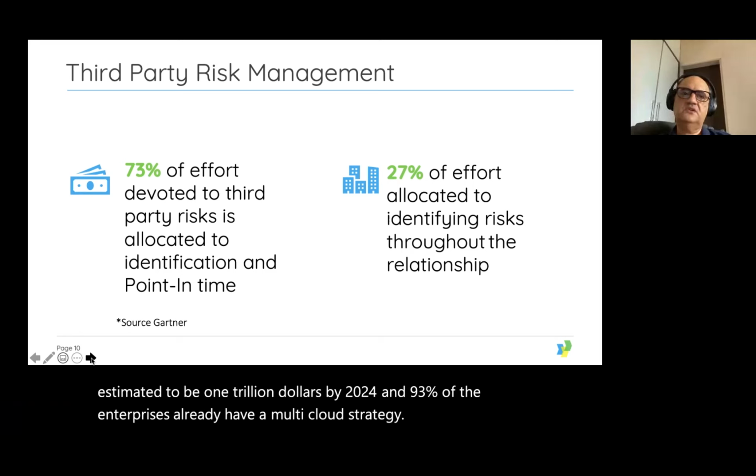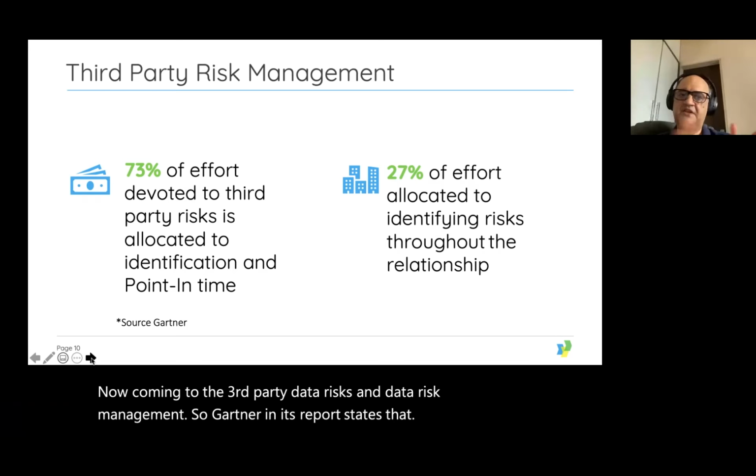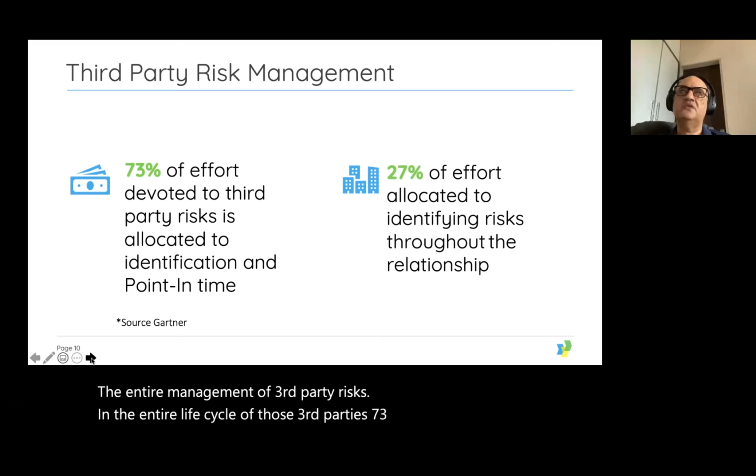Now, coming to the third-party data risks and data risk management. Gartner in its report states that in the entire management of third-party risks across the life cycle of those third parties, 73% of the efforts are devoted right in the first year.